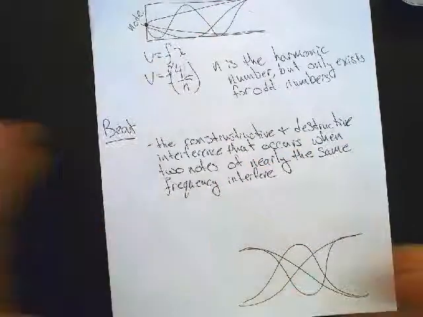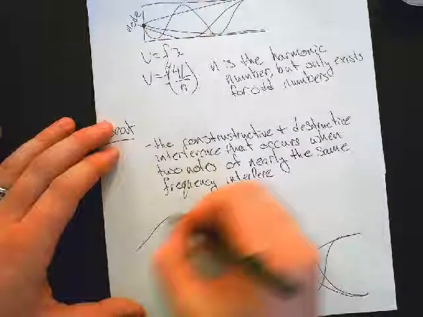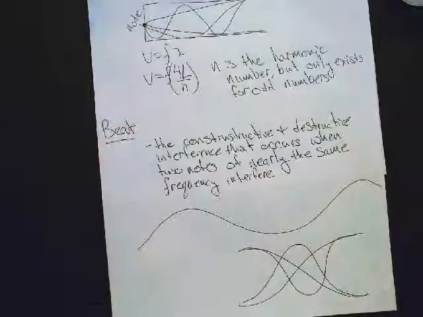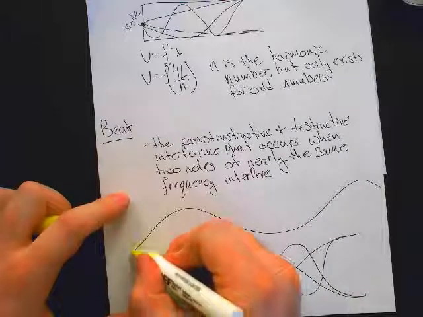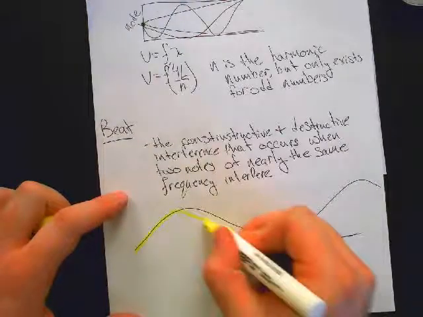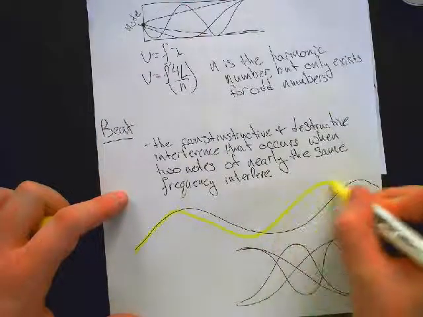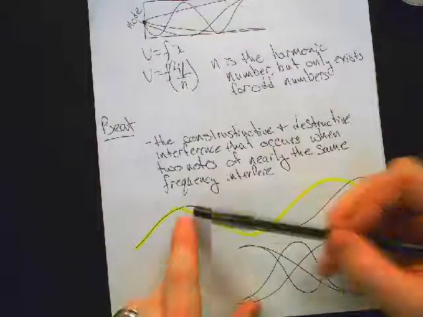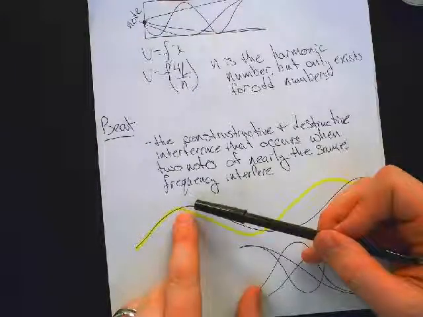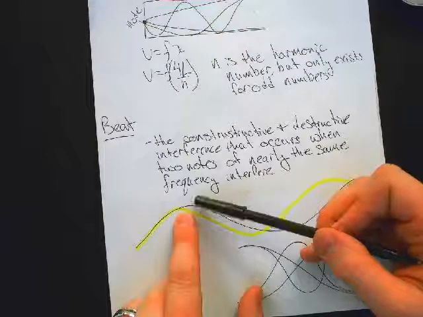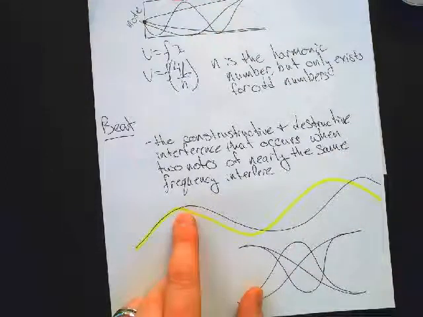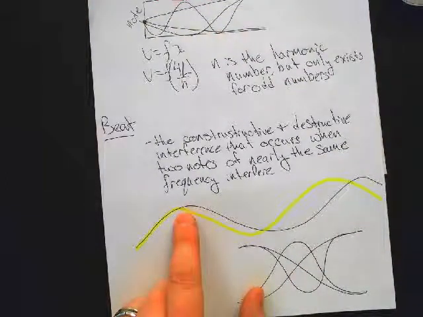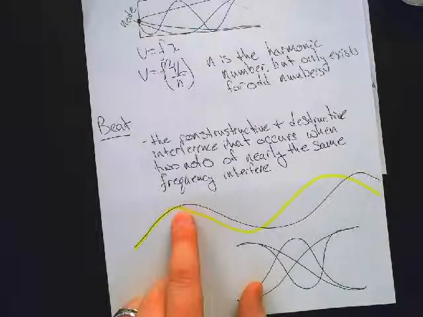So graphically represented, if I have some note with this as a wavelength, and I have some other note with a slightly different frequency, what we'll see is that when the two notes have their crests nearly lined up, louder. For longitudinal waves, it would be where their compressions line up.